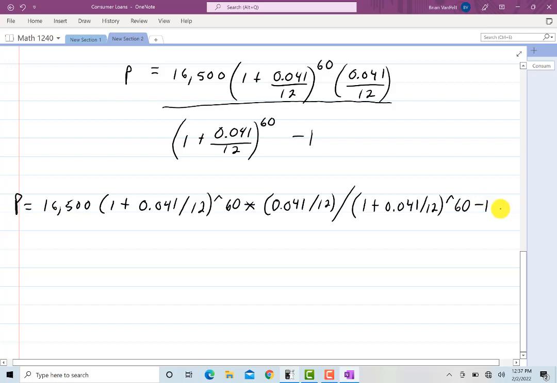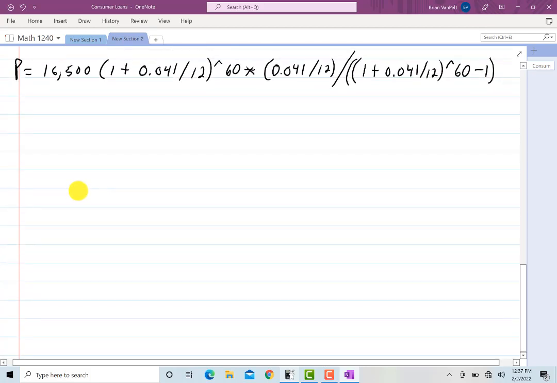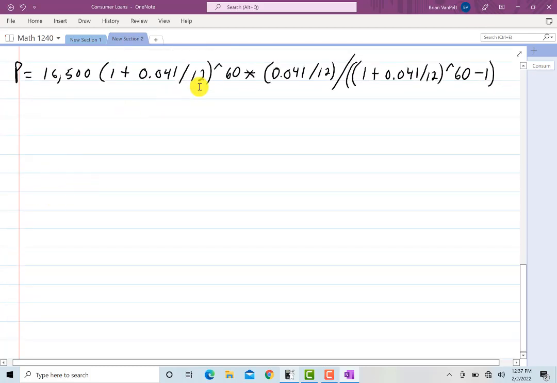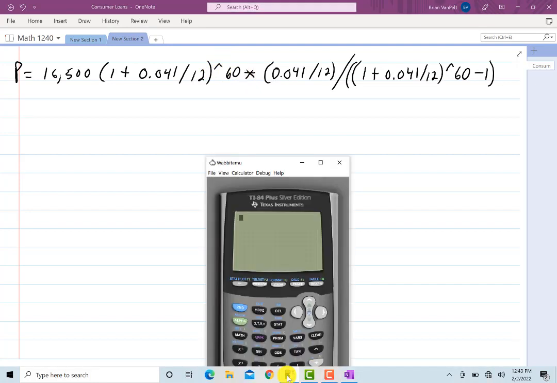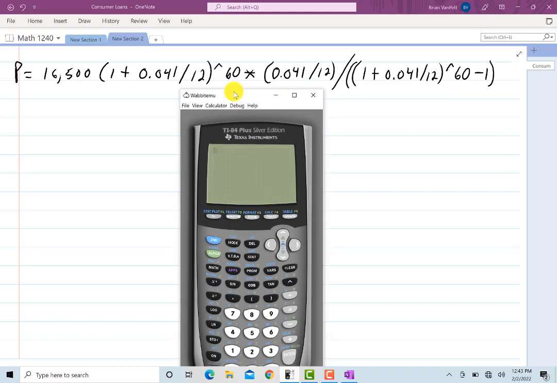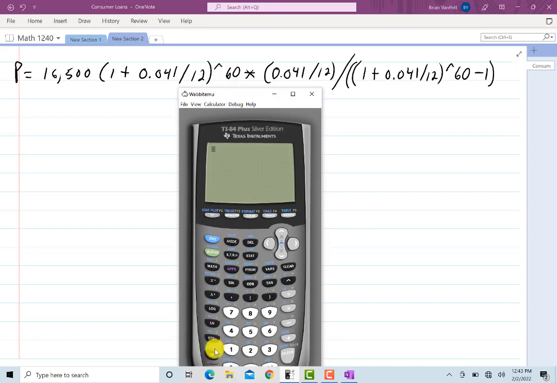I need to encase that in parentheses, like so. So this is exactly how I'm going to try to enter it into the calculator. Some calculators will allow this 60 to be shifted up. Some of them you have to write this little caret. It just depends. All right, let me pull up the calculator and try to enter this exactly the way I see it. So we'll start with the 16,500. Now let me start the parenthesis.